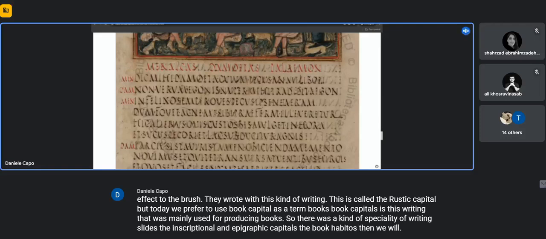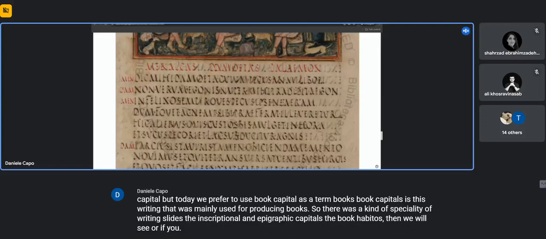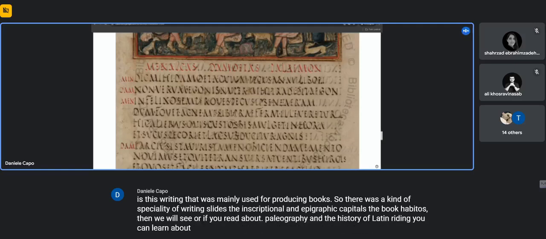Then we will see, or if you read about paleography and the history of Latin writing, you can learn about different writing styles than these two.